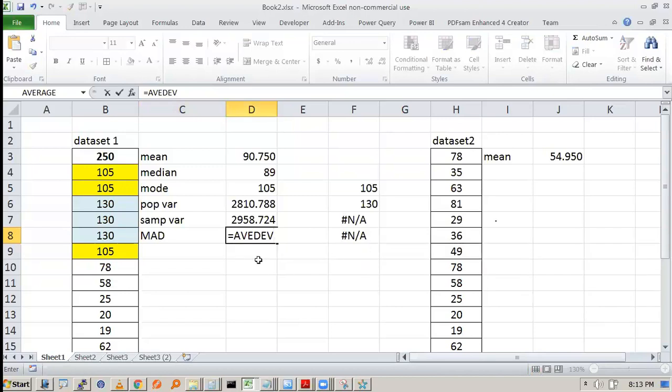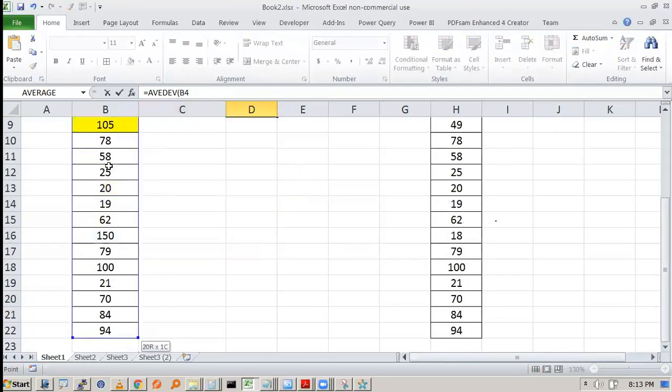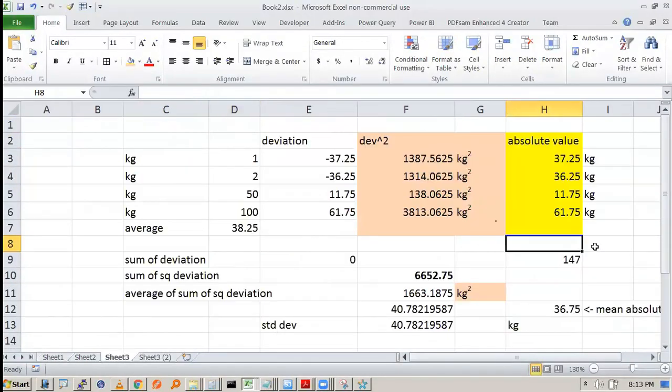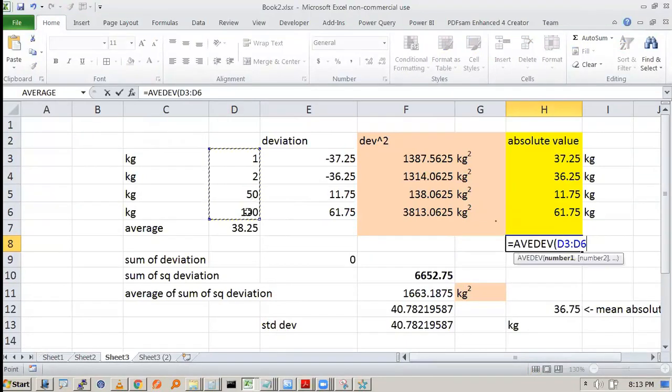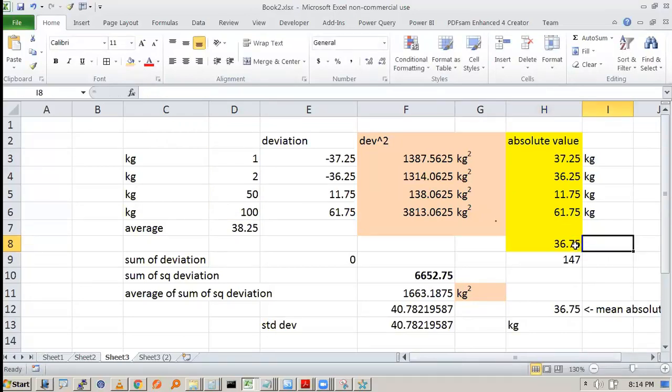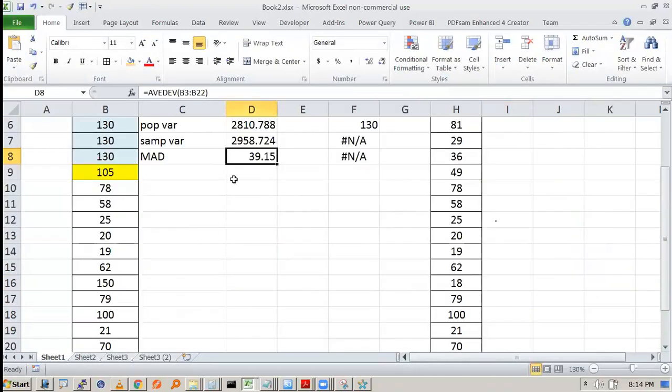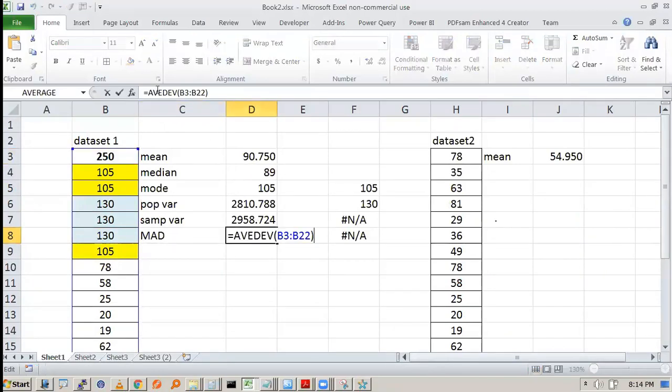So I can compute AVEDEV for this data set. I got 39.15. If I apply AVEDEV on this data set, just to check whether the values are coming the same or not. See, 36.75, this was 36.75. So we don't have to do these calculations; this was for our understanding purposes only. So mean absolute deviation comes from AVEDEV.